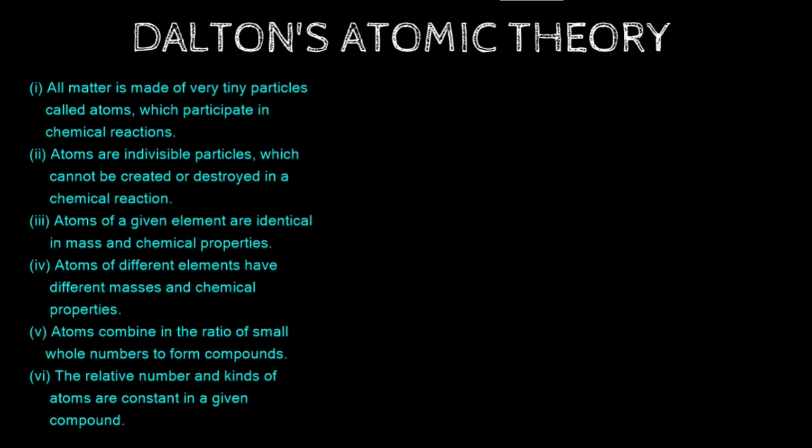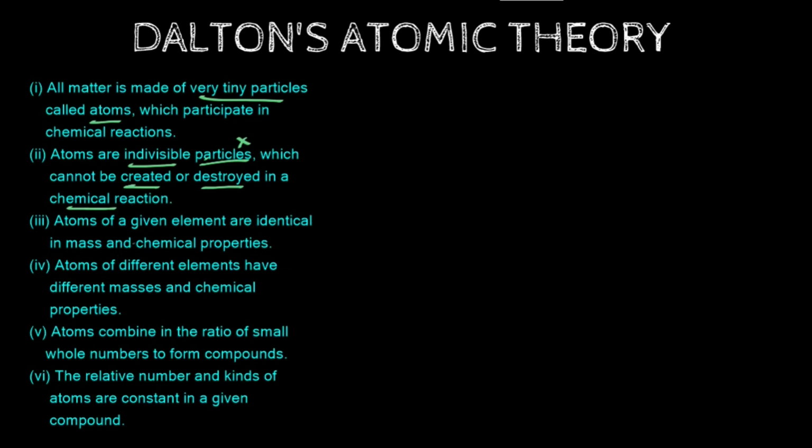So what did we understand from Dalton's atomic theory? We understood that matter is made up of very tiny particles called atoms. Atoms are indivisible particles, but later on it was proved to be wrong. We cannot create or destroy an atom in a chemical reaction.